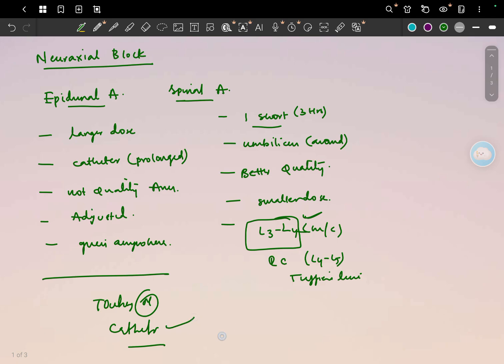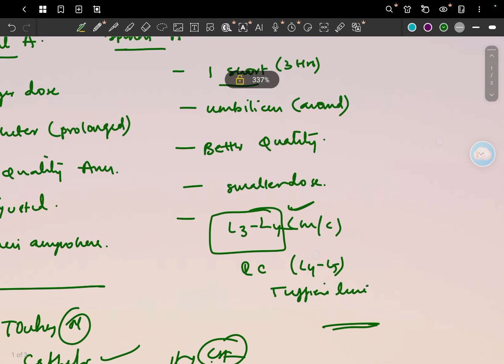While entering the ligamentum flavum, we'll feel some resistance and later we'll get CSF, so that resistance is gone. So this is one indication that we are doing it the right way. Now here we will have the spinal or lumbar puncture needle.